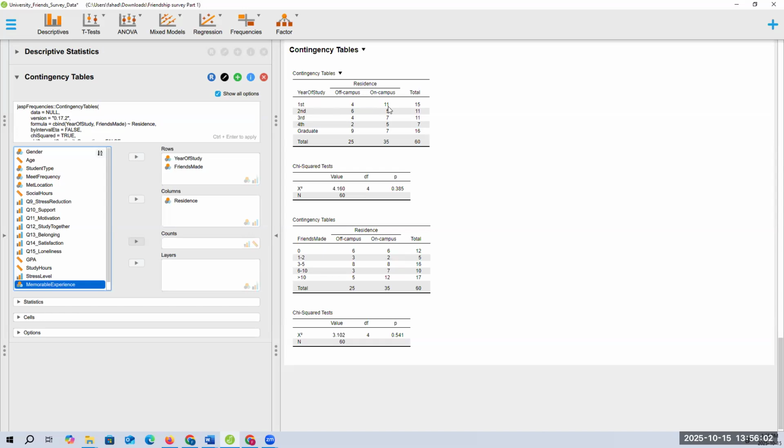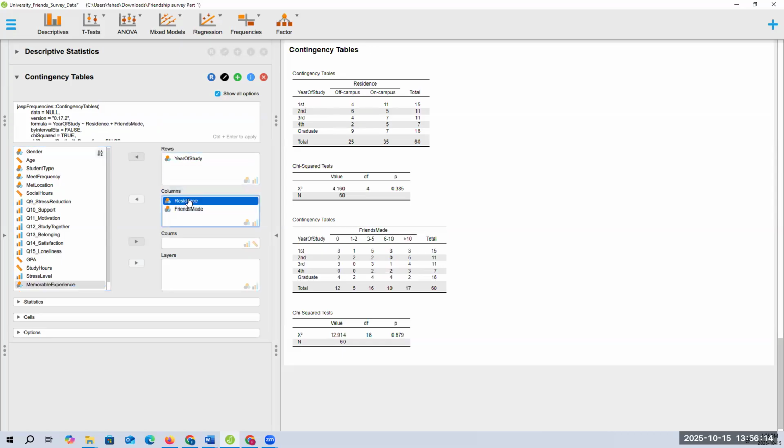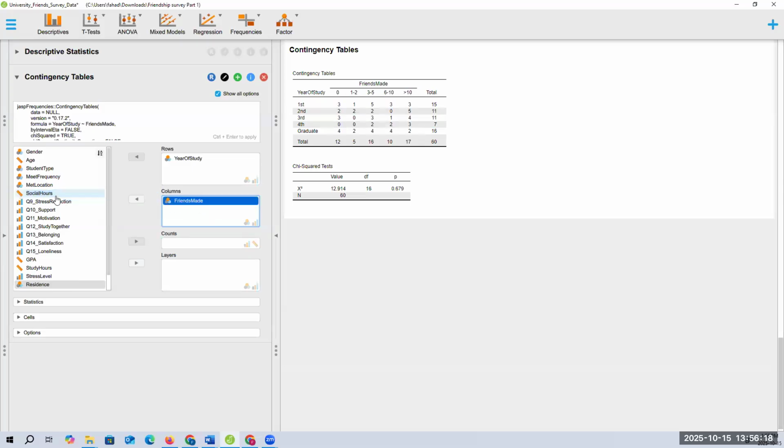I can also look at a contingency table of year of study and friends made. I could move this down and take out residency, probably. And friends made by first year.